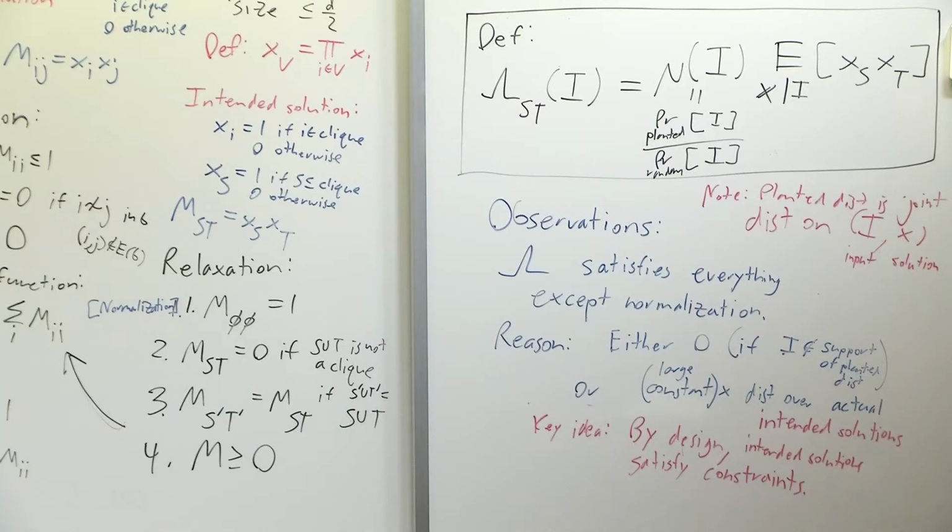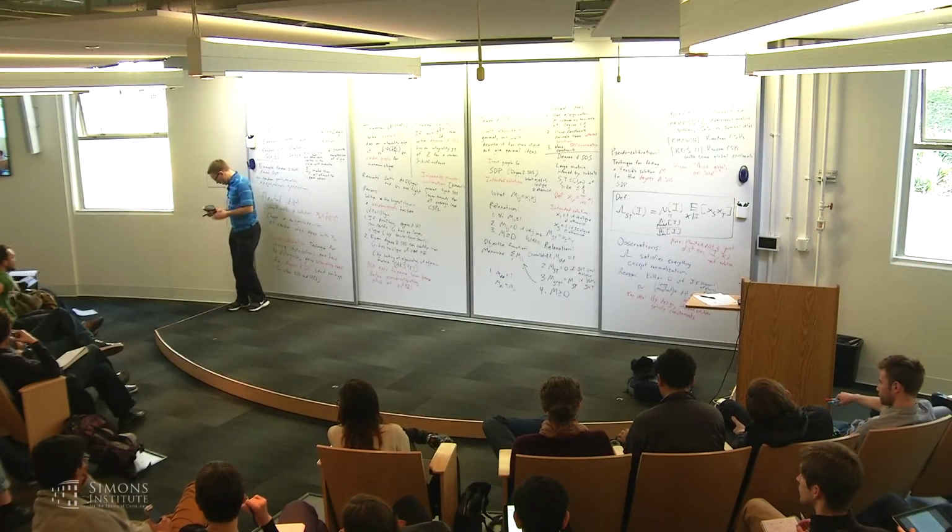Can you say again, so probability planted I, how do I interpret that? So it's the probability that I is in the planted distribution? So the planted distribution is a distribution on inputs, on graphs or more generally on inputs.